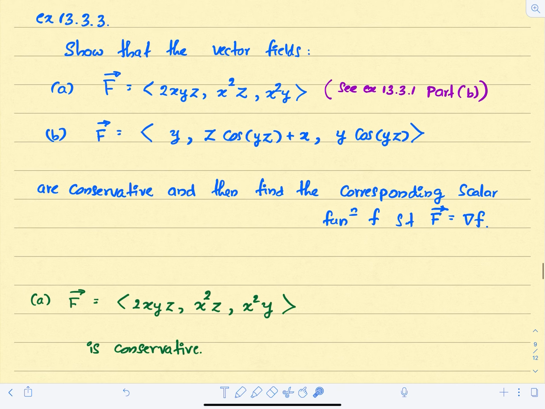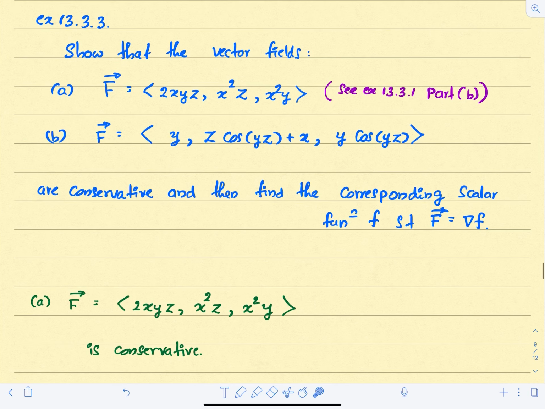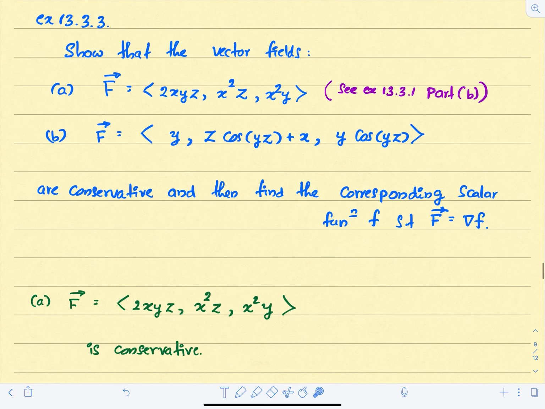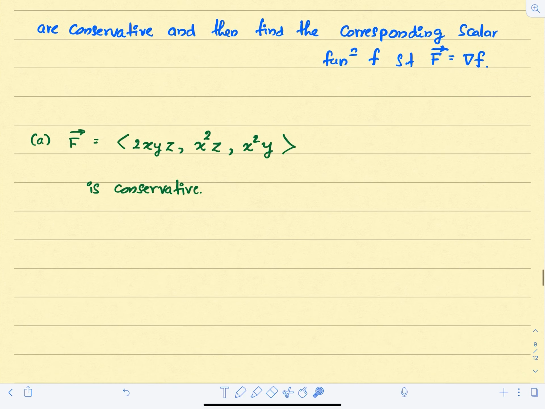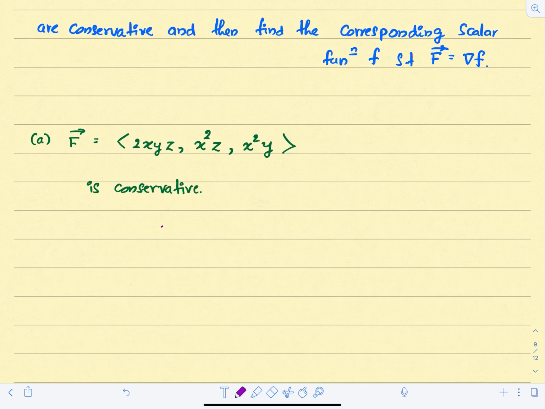Now, I think in example 13.3.1 we showed that this first vector field is conservative. If it is conservative, we know that there exists a scalar function such that the gradient of that scalar function equals the given vector field. Now here our goal is to find this little f.